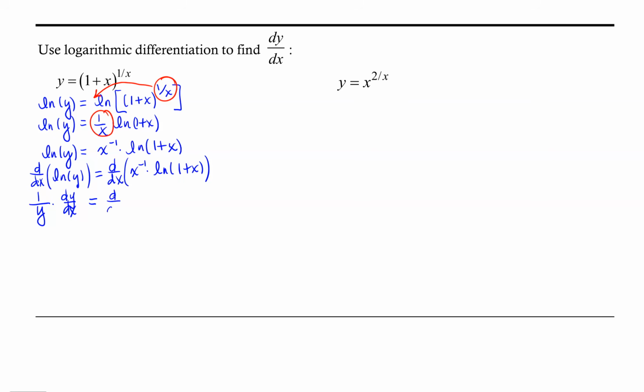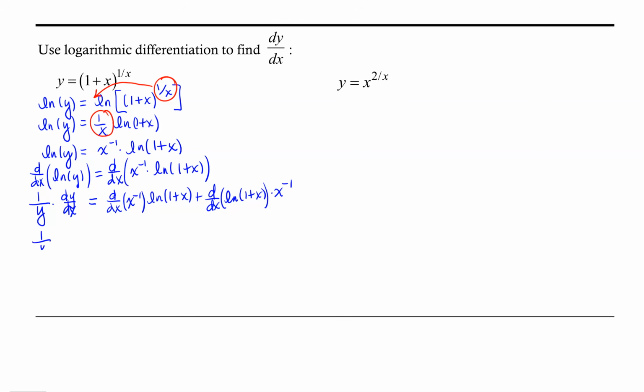So we'll have the derivative of x to the negative 1 power, our first factor, times the natural log of 1 plus x, plus the derivative of our second factor, natural log of 1 plus x, times our first factor, which was x to the negative 1 power.